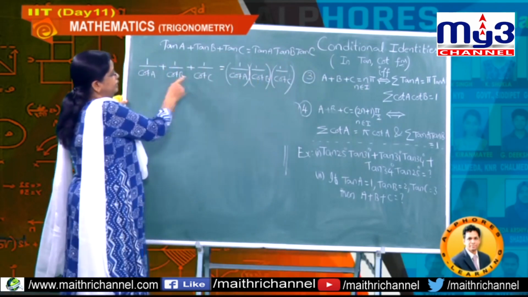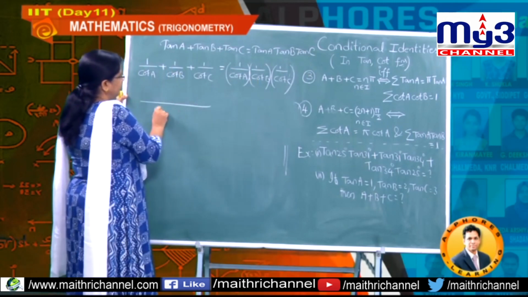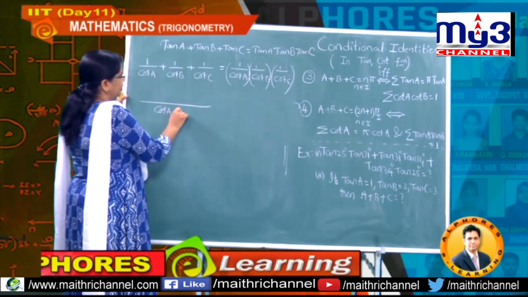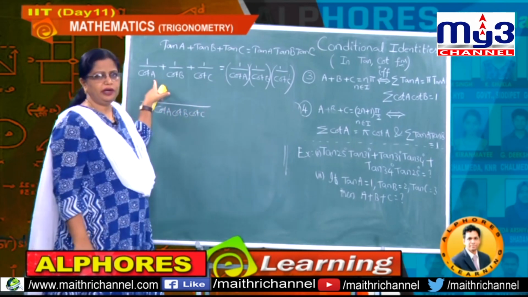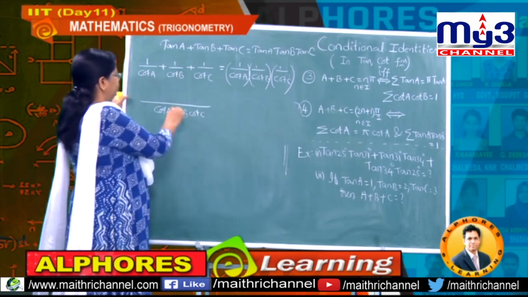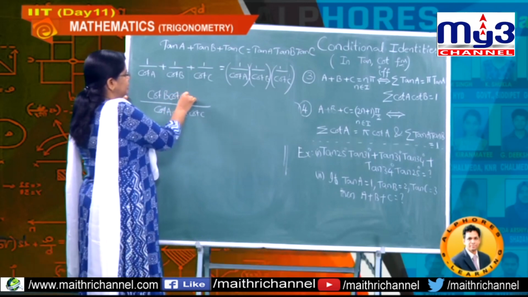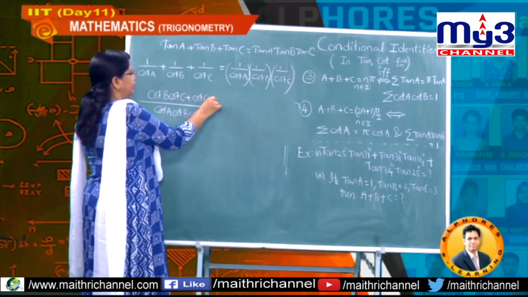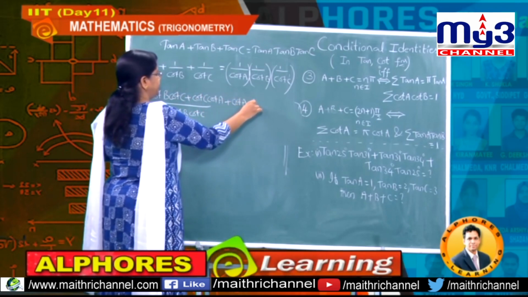Now let us take the LCM on the left hand side. The LCM is nothing but cot A, cot B into cot C, okay. Now here only cot A is present, therefore what should be the other term? You have to write the product cot B, cot C, plus cot C, cot A, and next plus cot A, cot B. Got it, students?